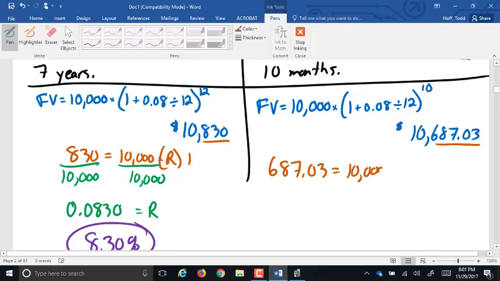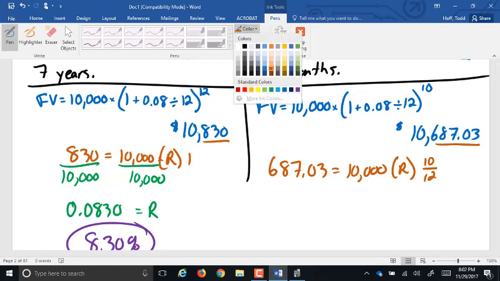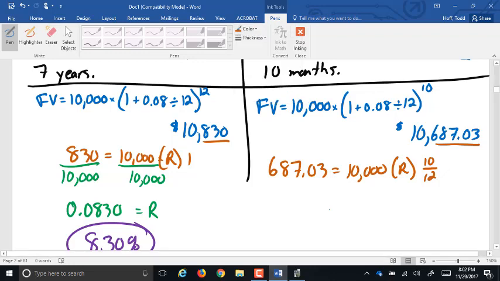So that equals our 10,000 times R times, of course, 10 twelfths because it's 10 months. This 10 twelfths is going to be a little bit ugly.